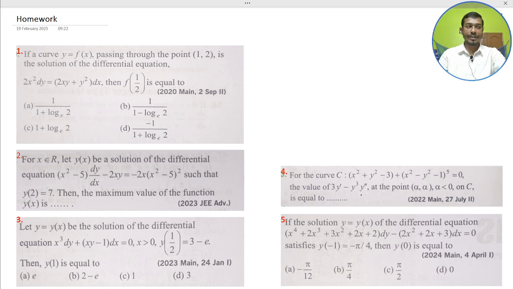Basically, the first one is from JEE Main 2020, the second one is JEE Advanced 2023, a very important recent JEE Advanced question, and the third one is JEE Main 2023. Next, the fourth one is Main 2022, and Main 2024, a recent question.